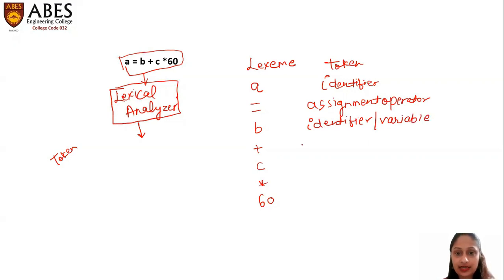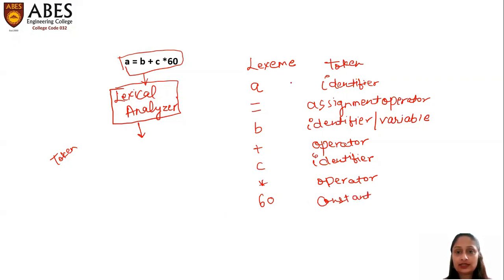Here, addition is also an operator, an arithmetic operator. Here, C is an identifier or variable. Multiplication is an arithmetic operator, and 60 is a constant.